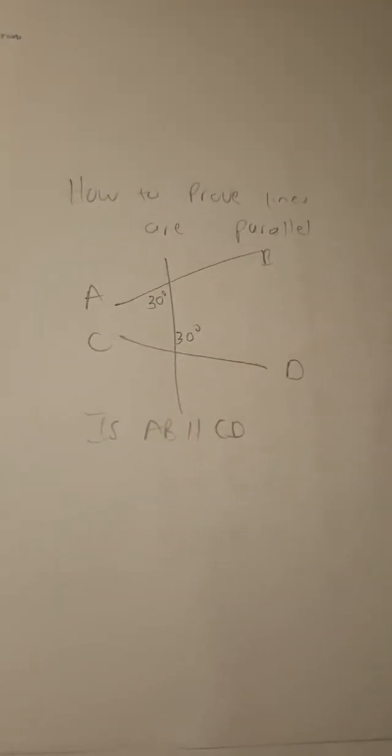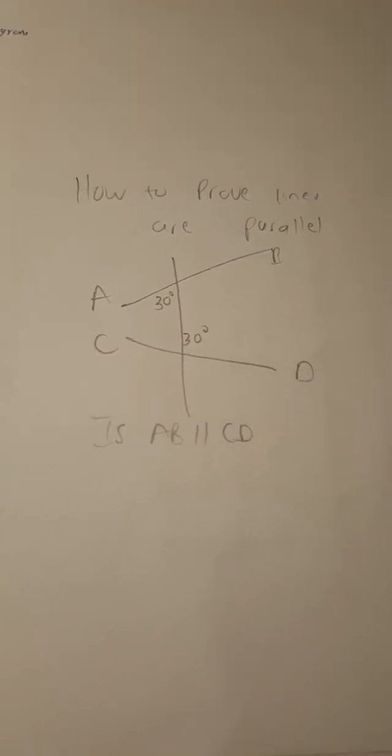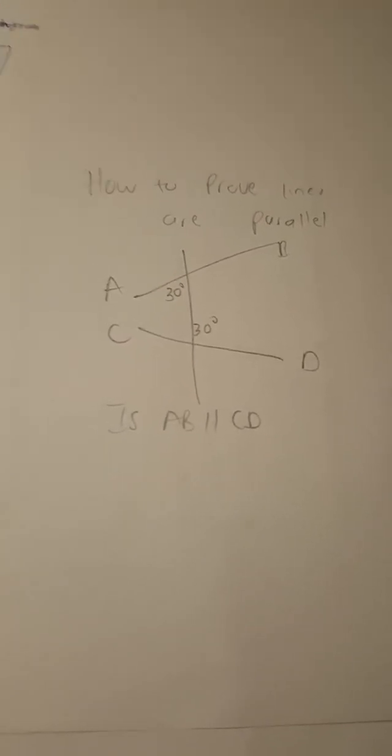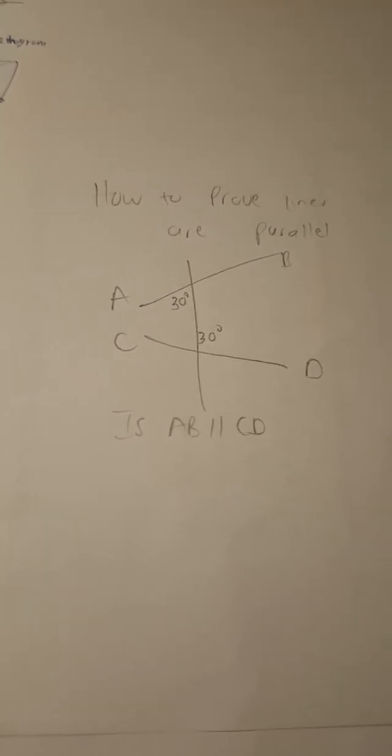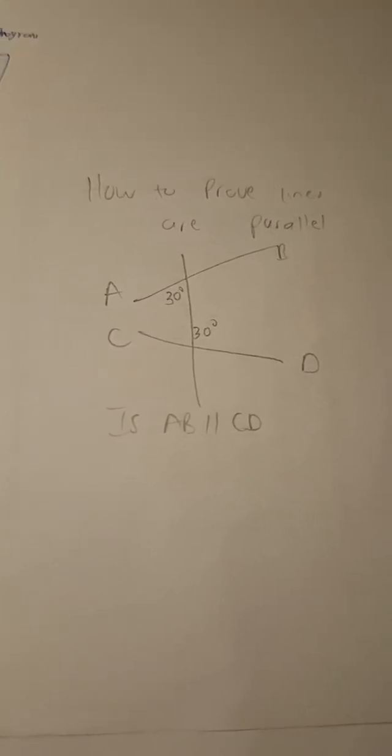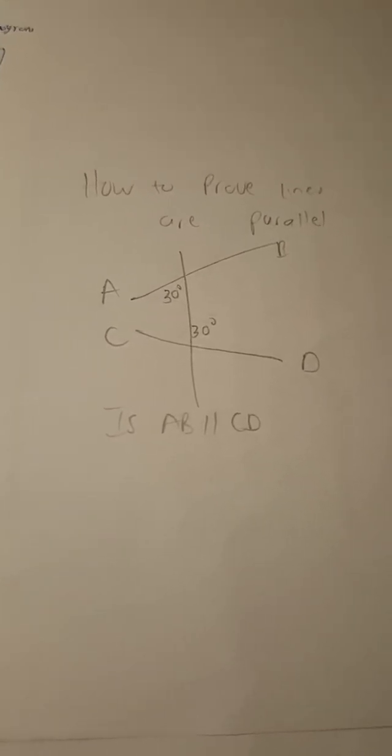Let's say this is AB and this is CD, and I say that's 30 degrees, that's 30 degrees. Then I ask you, is AB parallel to CD? I want a yes or no, and if you are saying yes, I want to know why.